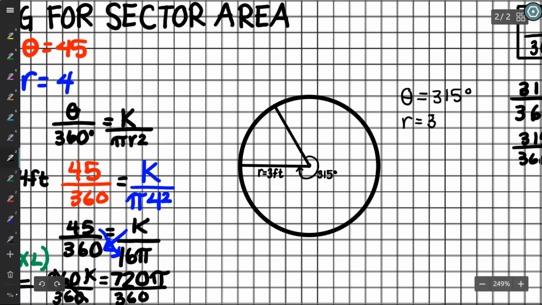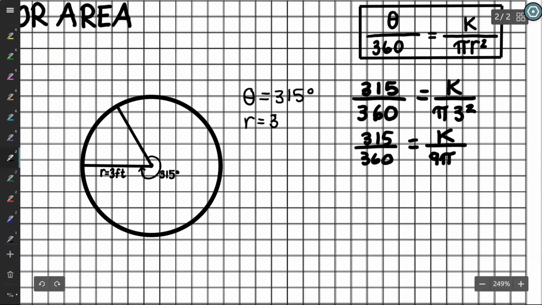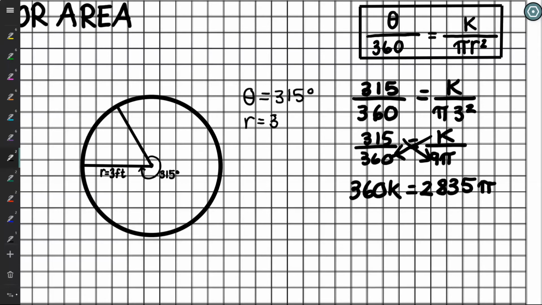So I have 360k equals 315 times 9, which gives me 2835 pi. And the last step is going to be to divide by 360.